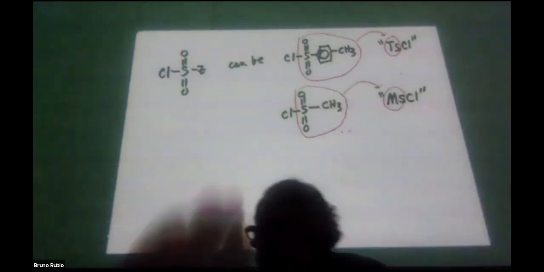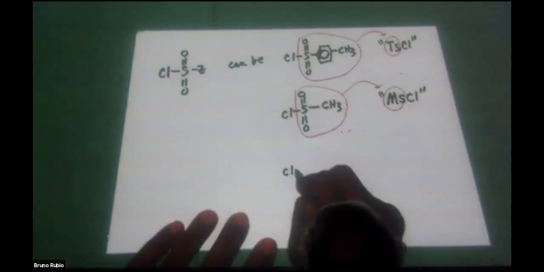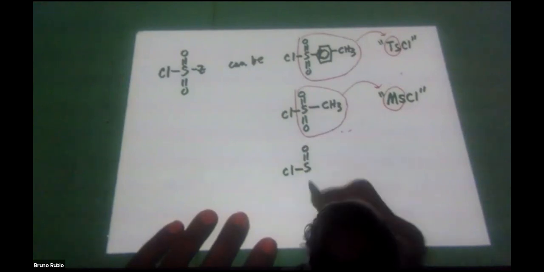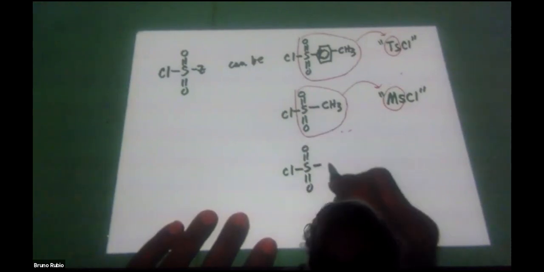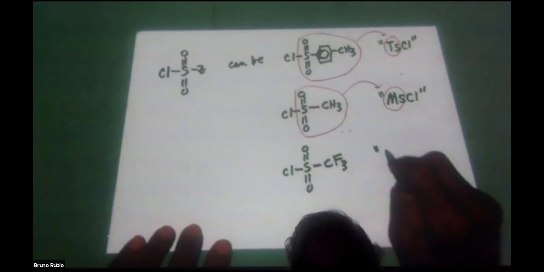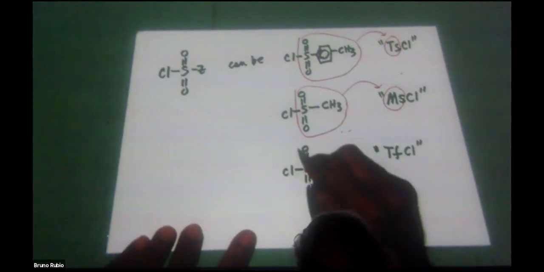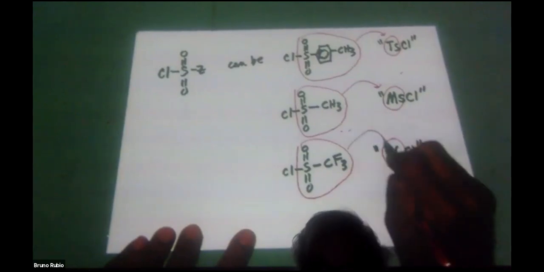And this whole thing here, that is MS. Another very popular sulfonating agent is one in which that Z group is trifluoromethyl, and this is called triflate. And its standard abbreviation is Tf. So this is that, right?